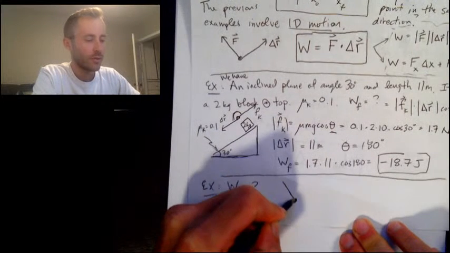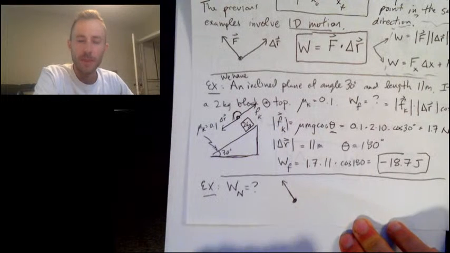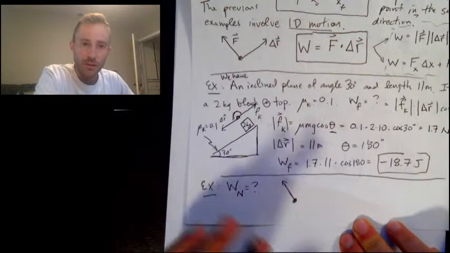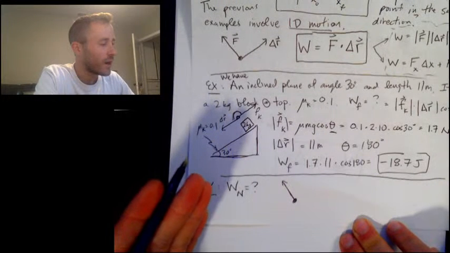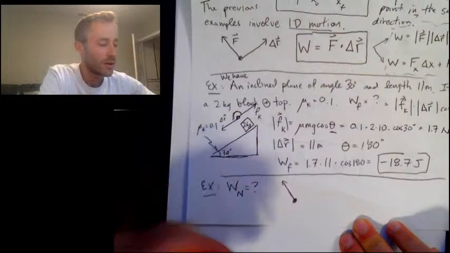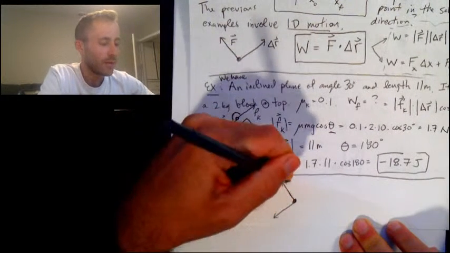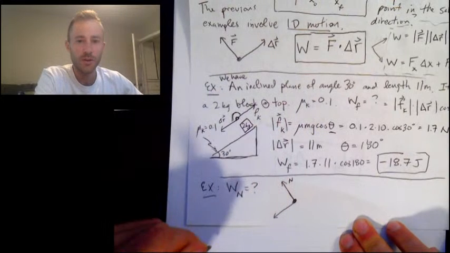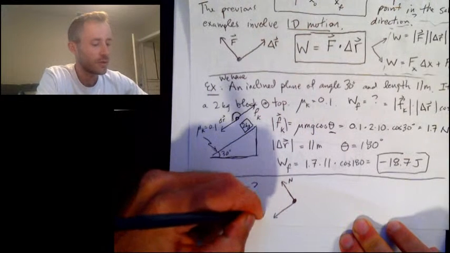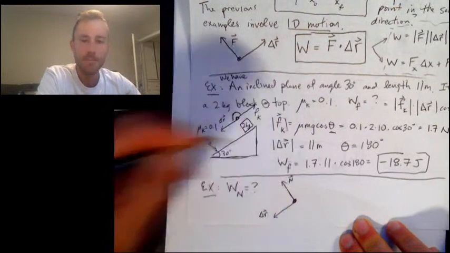So the normal force points that way. Because the block is sliding along the incline, the block is going in this direction. So we have normal force going this way, and a displacement going that way.